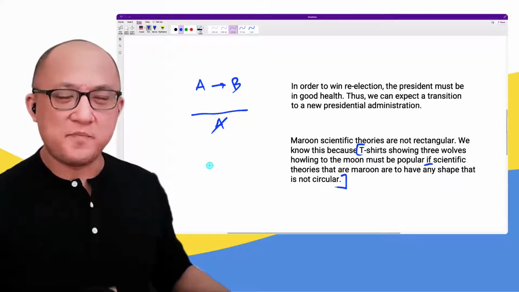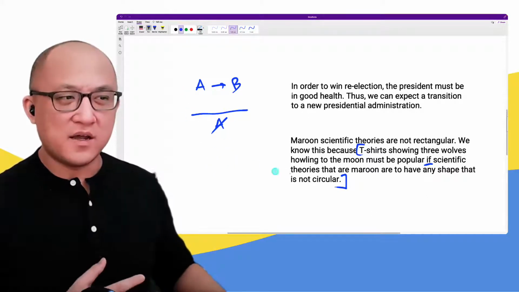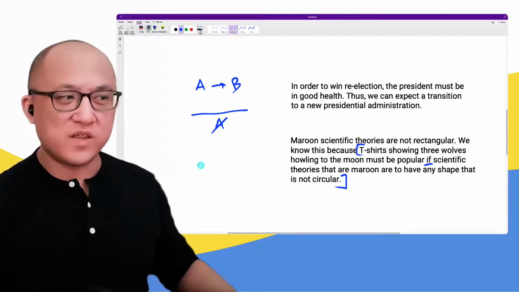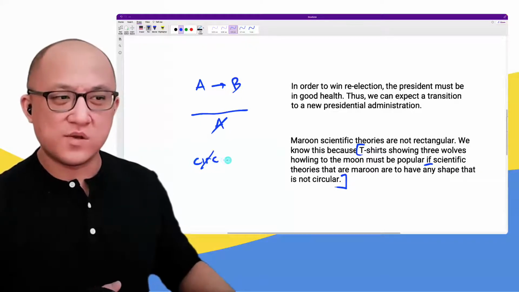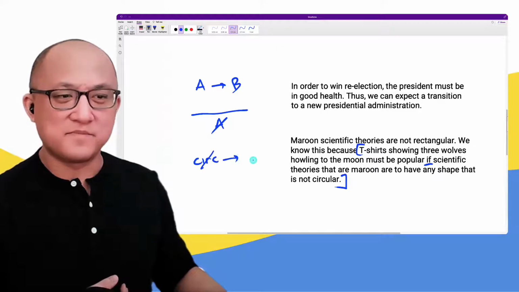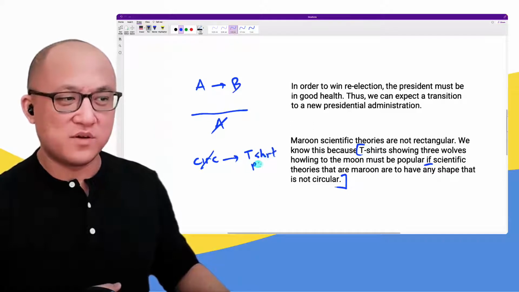And so here, instead of just translating it to A and B, which is a little bit difficult, I'm going to start with: if those theories are not circular, then these t-shirts have to be popular. So I'll just write t-shirt popular.